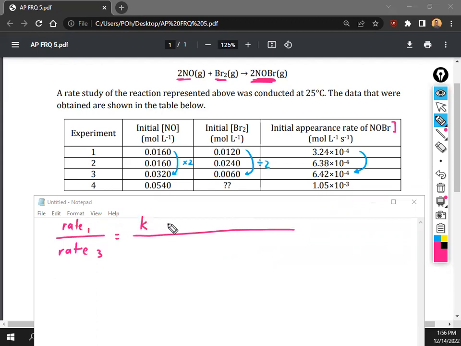We know the rate is K, the concentration of NO, the concentration of Br2, and on the bottom, K times the concentration of NO times the concentration of Br2. What we are looking for is basically the order of NO. Does that make sense?